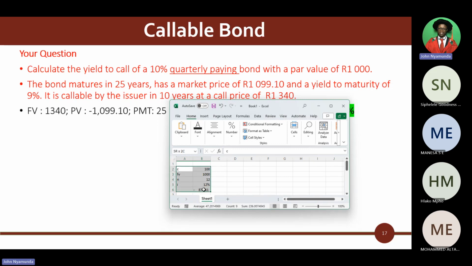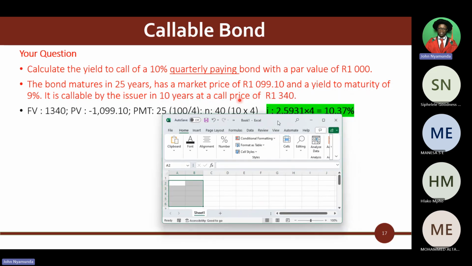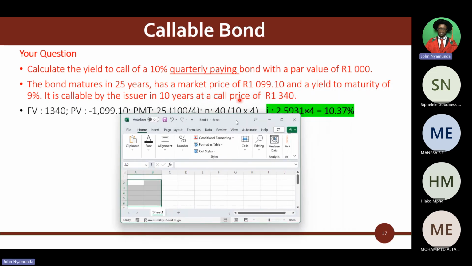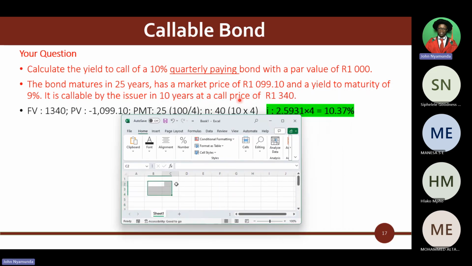Okay, let's delete all this. I'm trying to explain the yield to call. We are told to calculate the yield to call of a 10% quarterly paying bond. What's important there is quarterly, which means it pays 4 times a year.